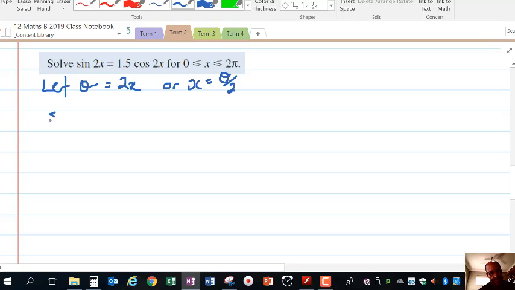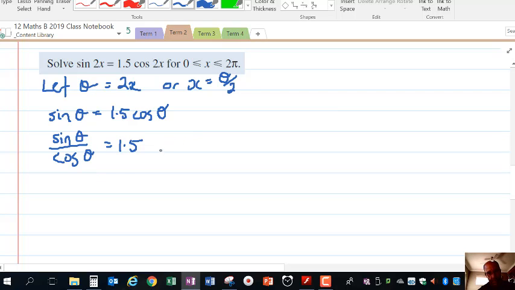We've now got sine theta equals 1.5 cos theta. That's not so bad because we can go sine theta over cos theta equals 1.5 because I've divided both sides by cos theta. And if we look at our identities, that means tan theta equals 1.5.